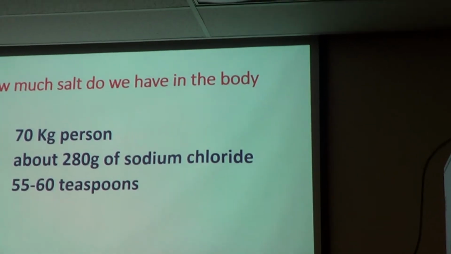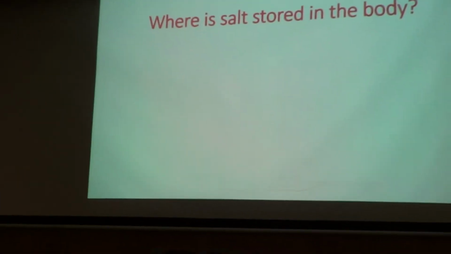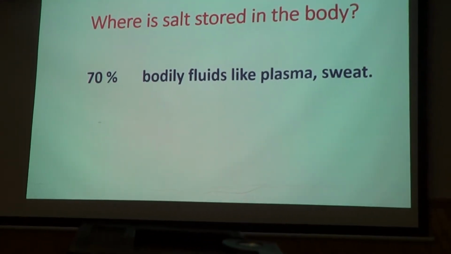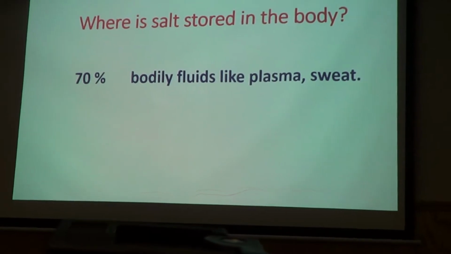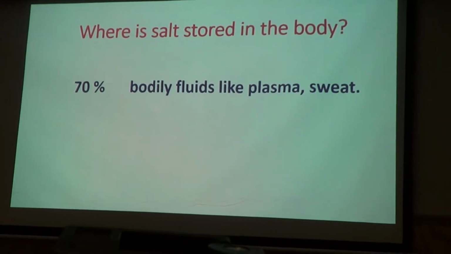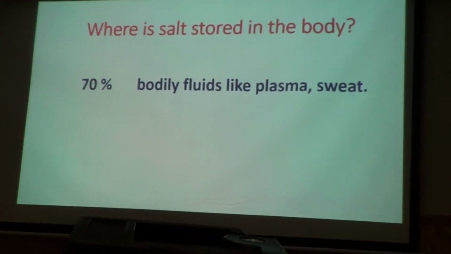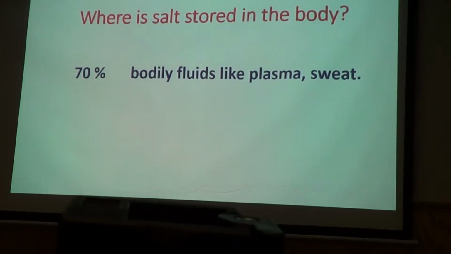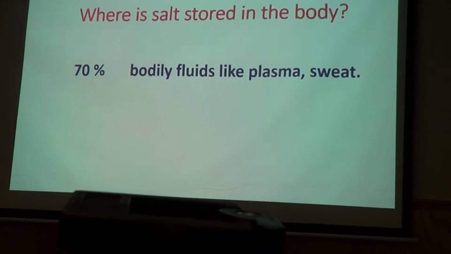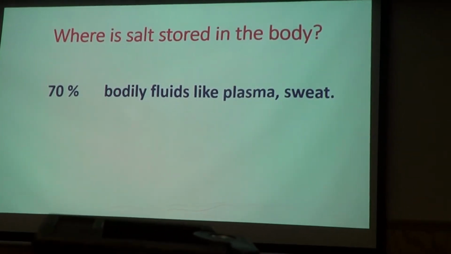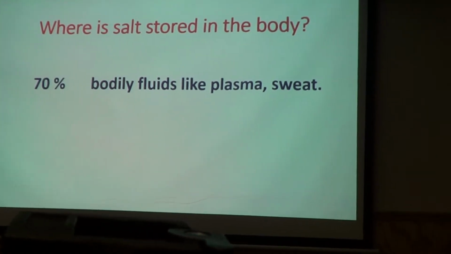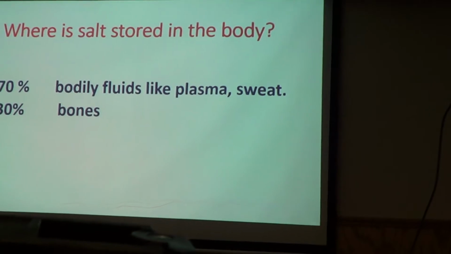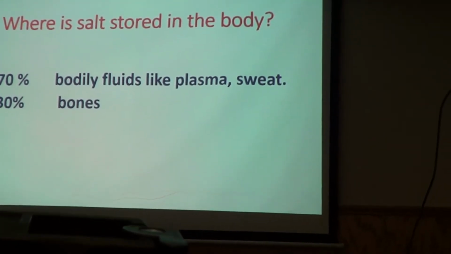Where in the body? 70% is what I already described to you. Most of it is in the blood. Wherever there is solutions, intestines, this, that, there is salt, but most of it is in the blood. Where is the rest? 30%. It's in the bones.